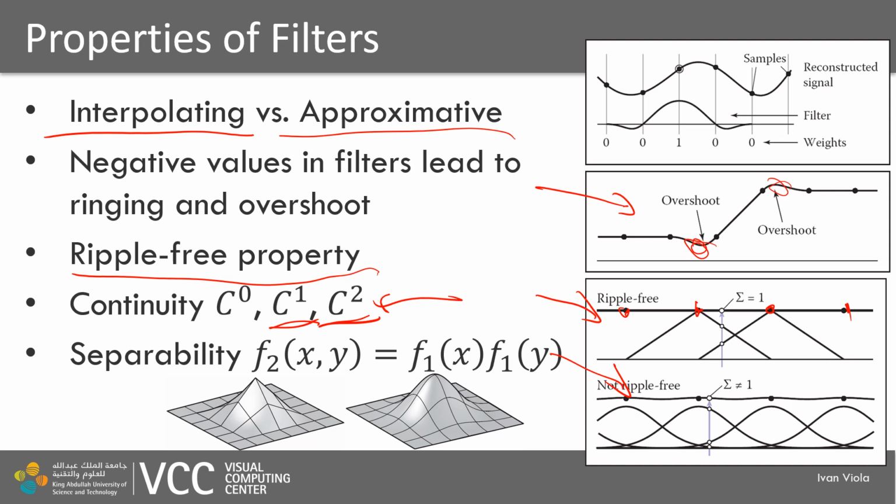For several dimensions, there is an aspect of separability. If we have a two-dimensional filter, we can sometimes separate it into a smaller or simpler filter defined over each dimension. And then the final filter is a product of these lower dimensional filters defined along each dimension.